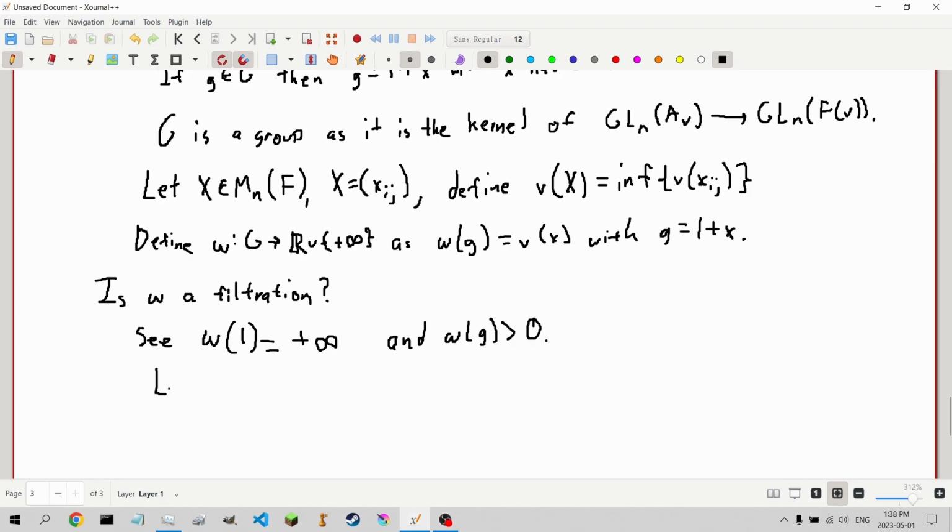We're going to let G lambda be, as always, our level set. Not level set, we're going to be cutting off: G has to have a filtration of at least lambda.